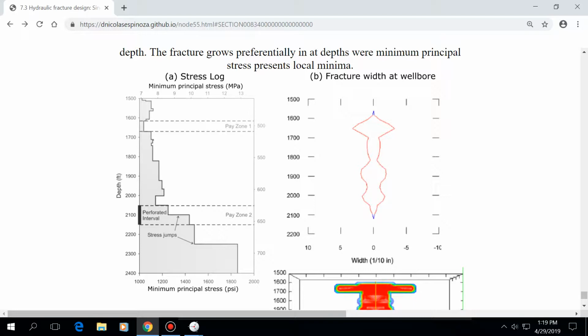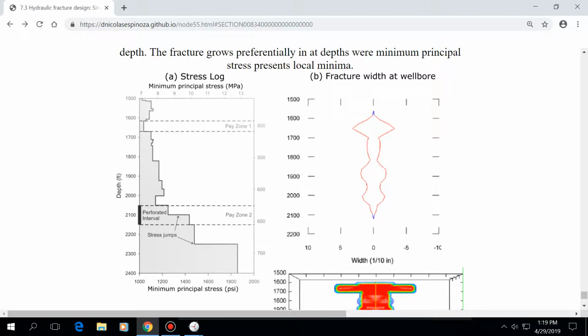In this case there are two pay zones, so if you were to perforate just this interval, what a hydraulic fracture simulator will predict, now this is not the simple elliptical shape that we did before, but now the width varies with height, and what is predicted is that if you fracture here, your fracture very likely will not go down because stresses are higher, but it will go up.